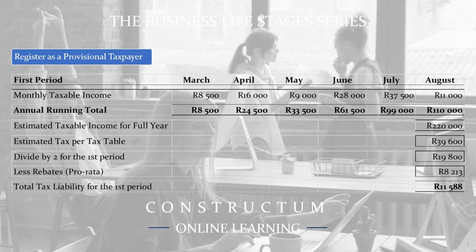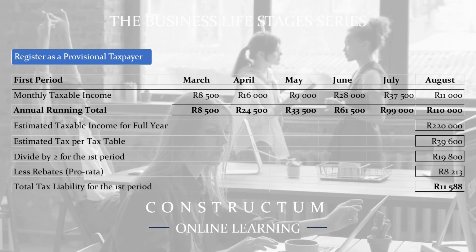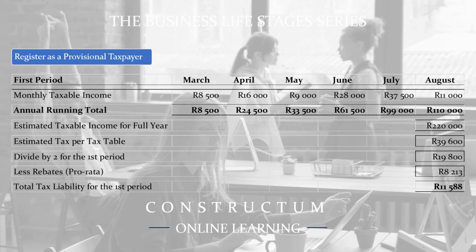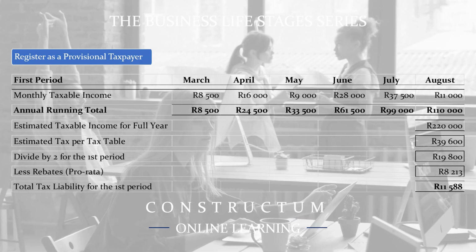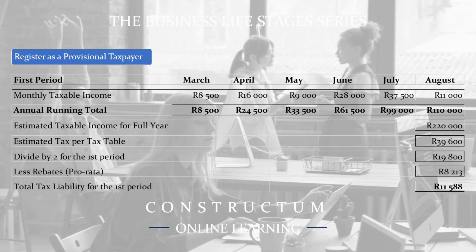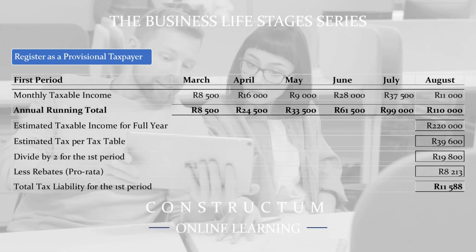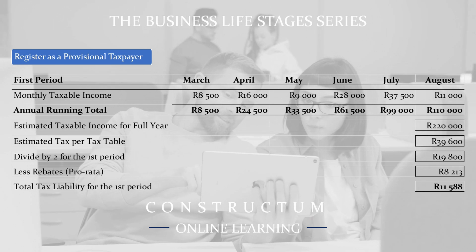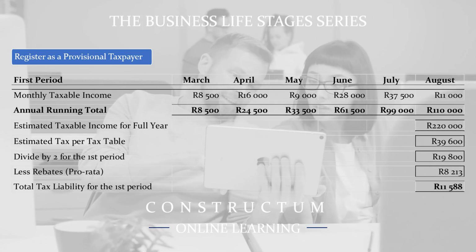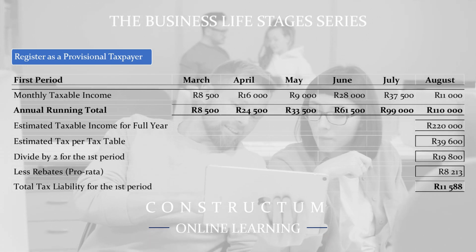So now we estimate what would be the total tax for the year as per the tax table, and that comes to 39,600. But we've only been in 6 months of the 12 months of the year, so we divide that by 2, and that then gets us to 19,800.